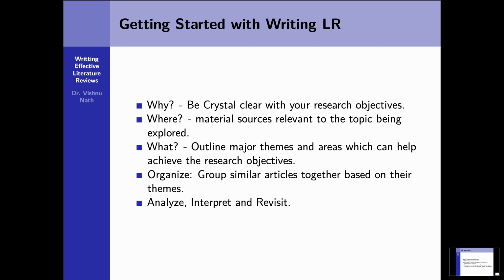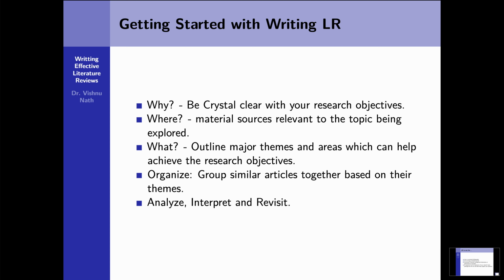First of all, try to get a very good feel or understanding of the field, what is currently being researched and published, and then pick an area of interest which interests you, and focus on those things. So this is basically the why: we are doing the literature review to achieve our research objectives.